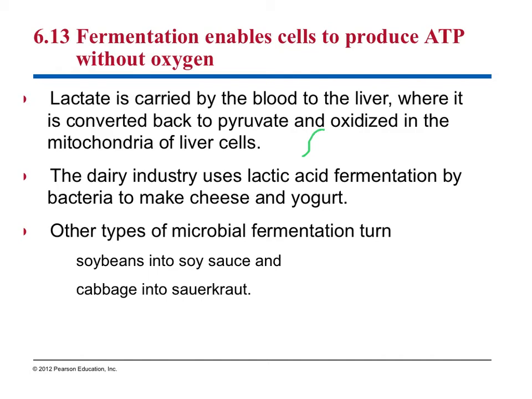The dairy industry uses bacteria to carry out lactic acid fermentation to make cheese and yogurt. So if you like cheese and yogurt, you can thank bacteria for carrying out their lactic acid fermentation. There are other types of fermentation that are carried out by other different microbes that turn, for instance, soybeans into soy sauce or cabbage into sauerkraut.